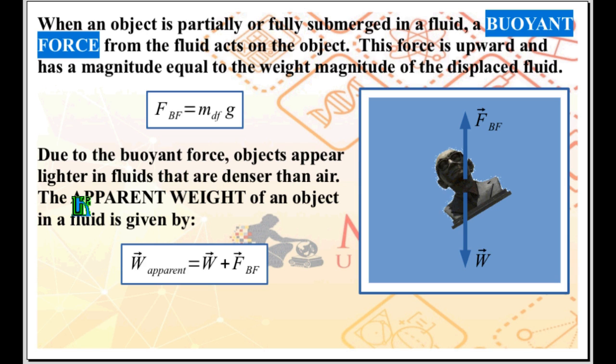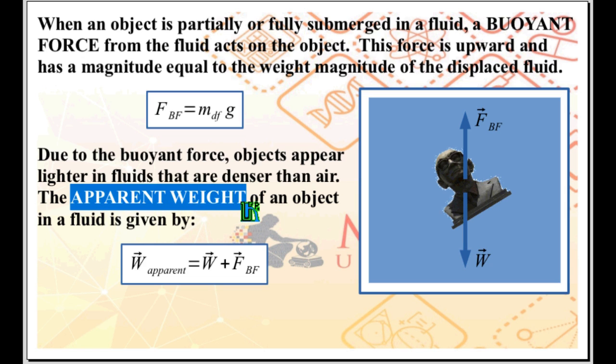Thus, we have what is referred to as the apparent weight. The apparent weight is equal to the weight of the object plus the buoyant force. So note, this is vector addition.